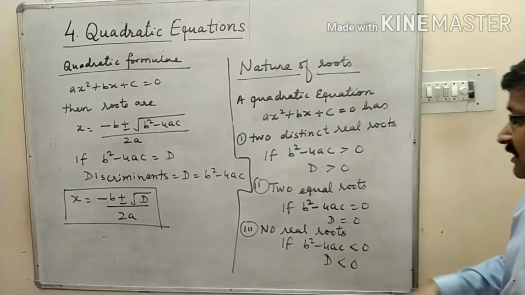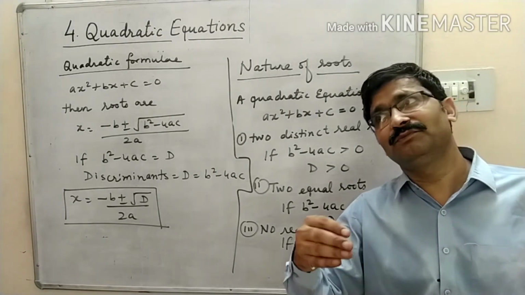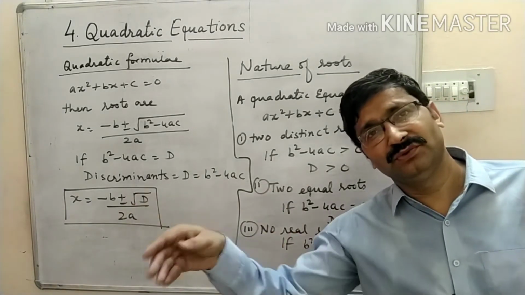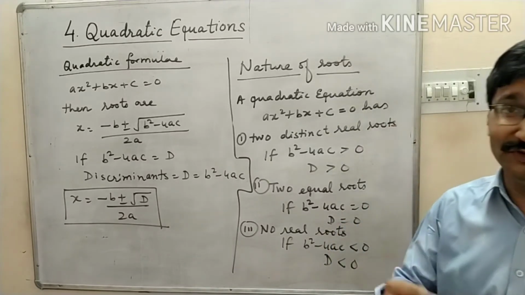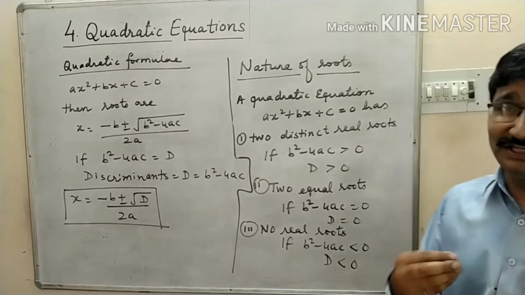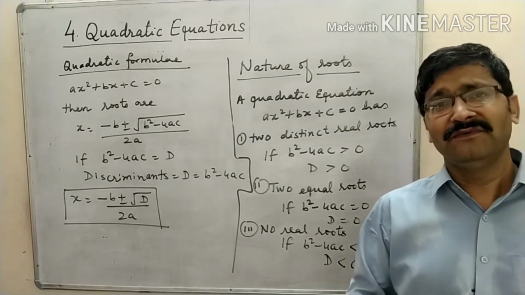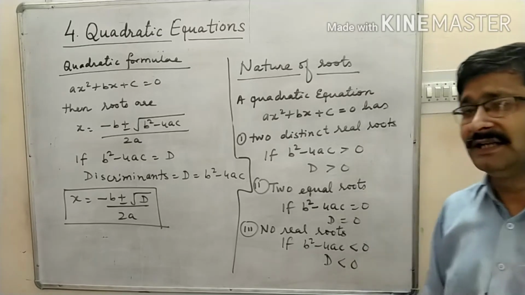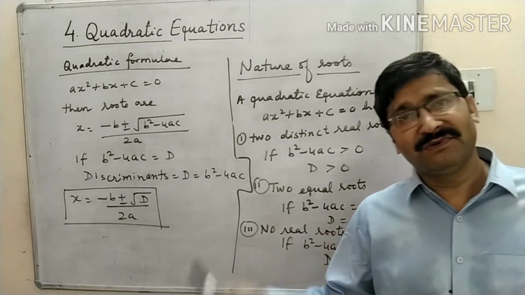Next, two equal roots. Sometimes we get both roots equal, like minus 1, minus 1, or 2, 2, or 3, 3. When we get equal roots, the discriminant is equal to 0, meaning b square minus 4ac is 0. And sometimes we get no real roots, we cannot find the roots.